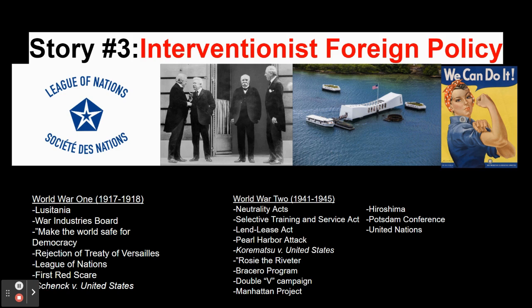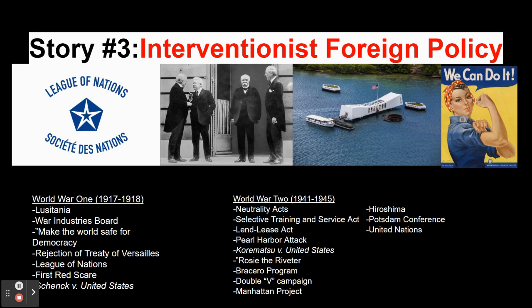And that attack fully snaps America out of any kind of isolationist sentiment that it might have had prior to that time period. Now, World War II is one of the most transformative events in American history because not only does it completely change our domestic policies, for example, it officially ends the Great Depression. It creates a huge boost in the American economy as all of our factories become outfitted for the war effort.